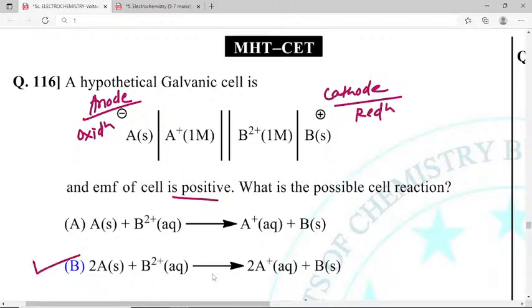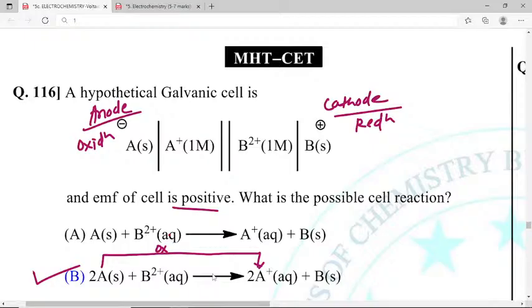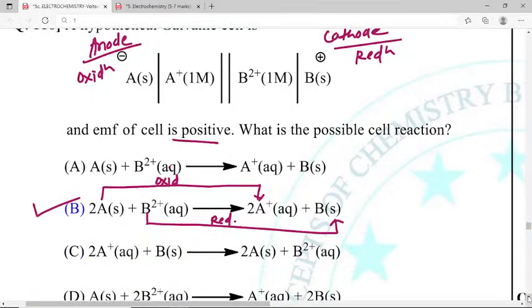So A gives A+, oxidation, and B+ plus 2 electrons gives B, which is a reduction. Question number 115 and question number 116 are both the same. Please check.